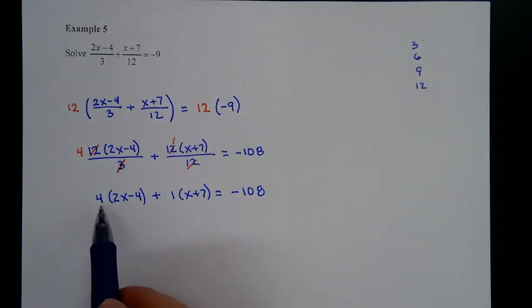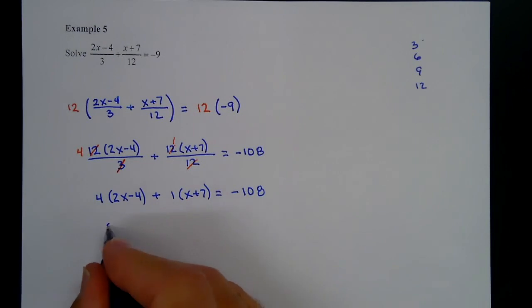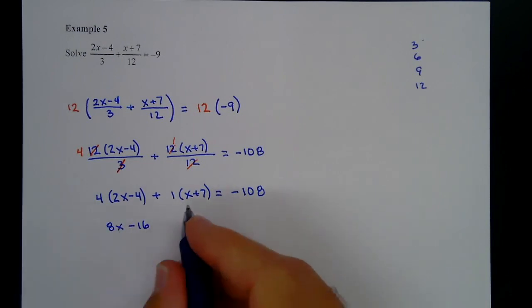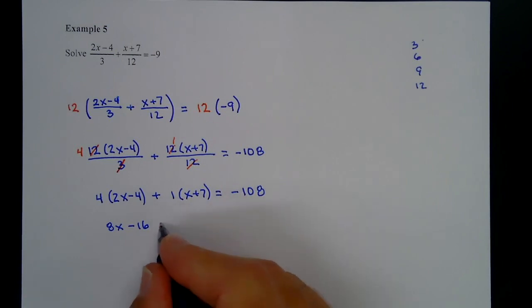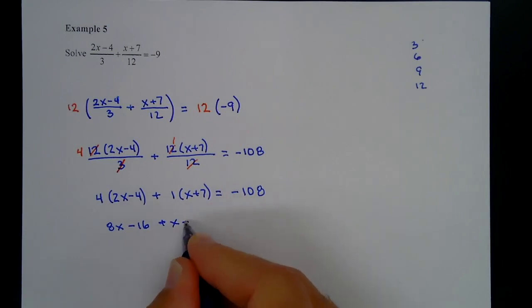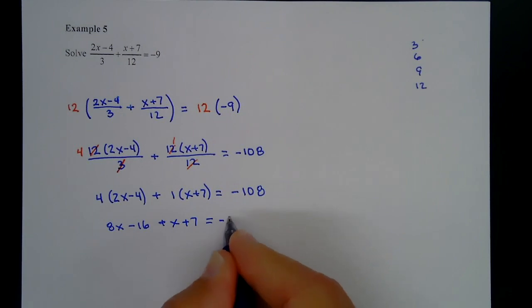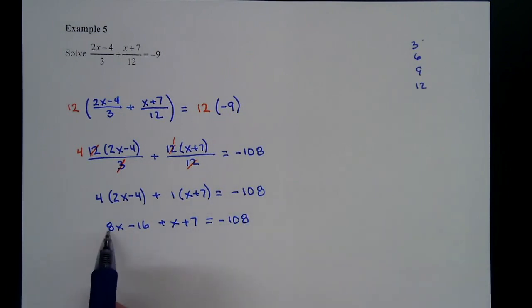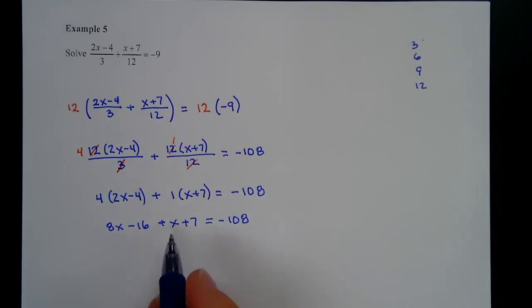So all we're going to do next is distribute this 4. It becomes 8x minus 16. And then plus, we distribute this 1, it just becomes plus x plus 7, is equal to negative 108. This 8x and this x can combine and make 9x.